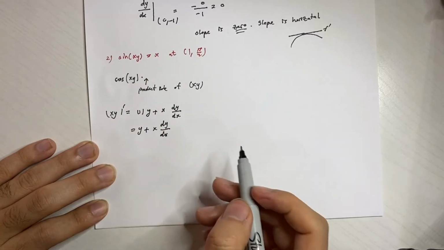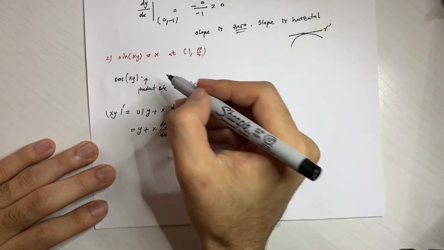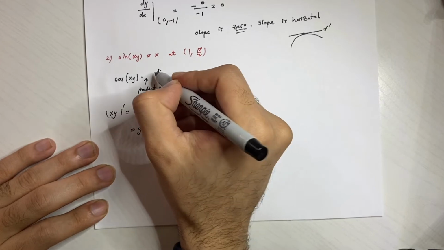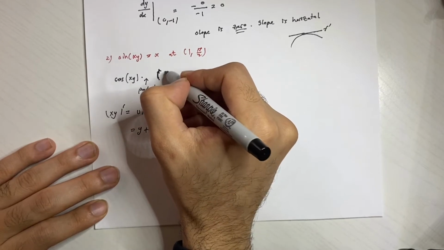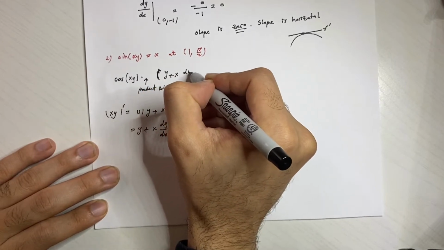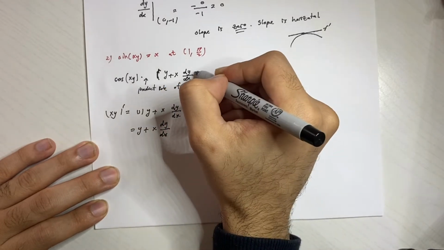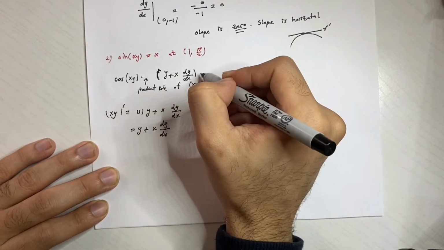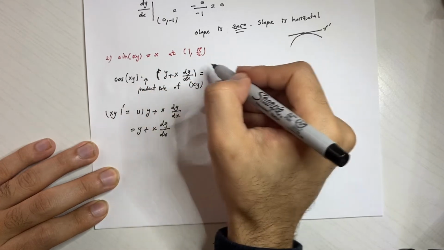Now I'm going to take that and plug it back into the derivative of the whole term. It's going to be cosine(xy) multiplied by y plus x dy/dx, and then the derivative of x is just 1.